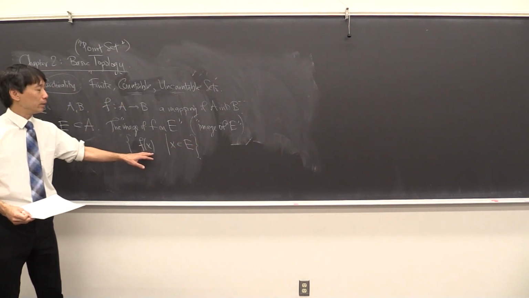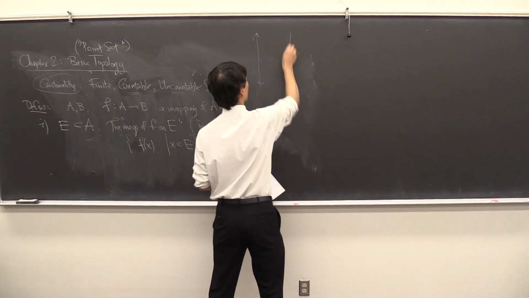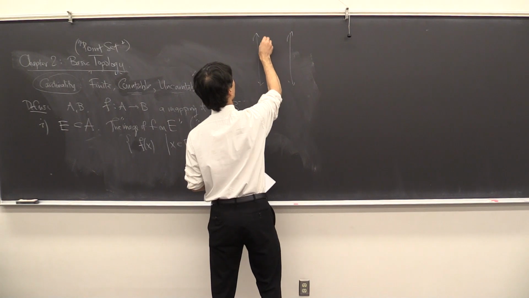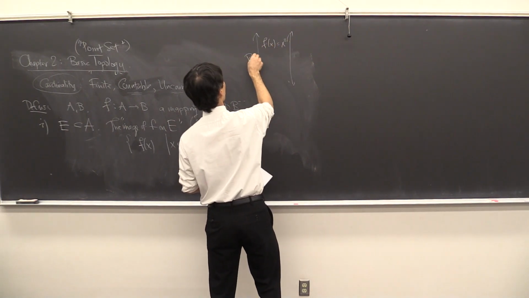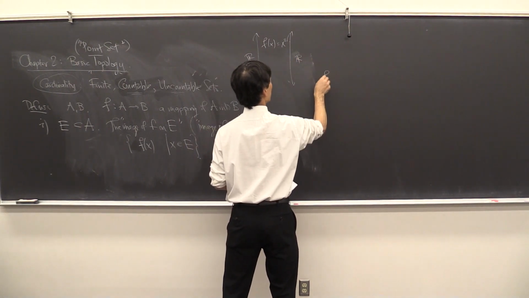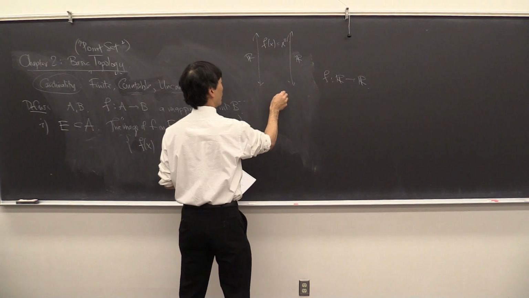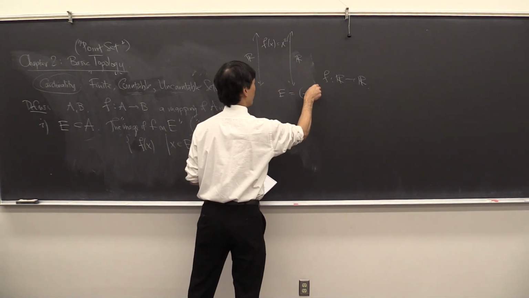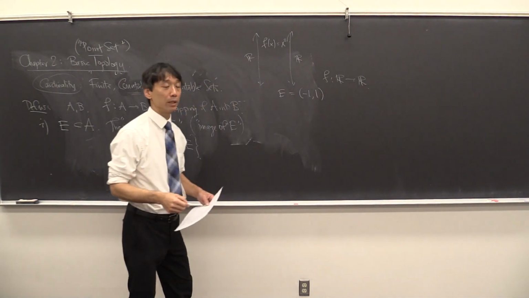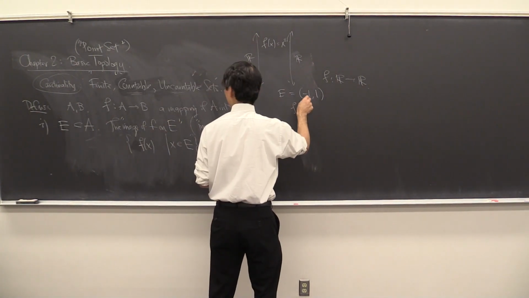Just to give a simple example, say I'm looking at a function f of x equals x squared from R to R. And I look at the subset [-1, 1], and I ask, what do I mean by the image?